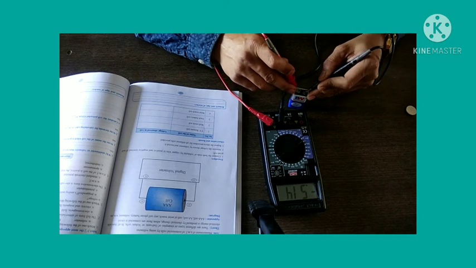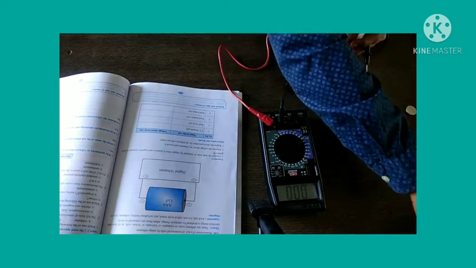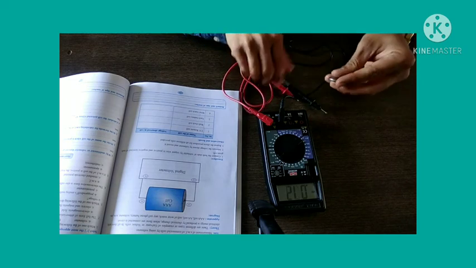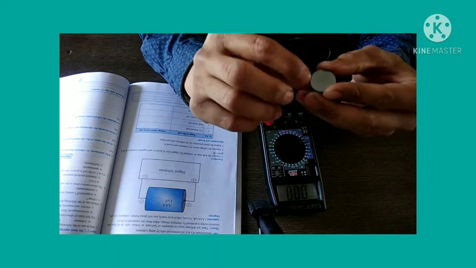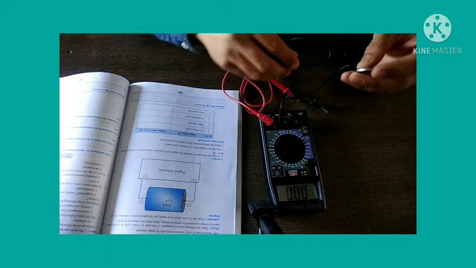Okay, and we have last cell, that is wristwatch cell. Students, wristwatch cell, again this is the positive sign of wristwatch cell, this is negative end.